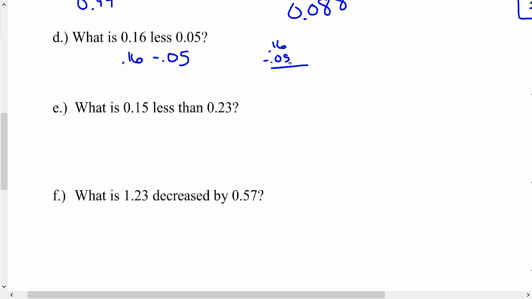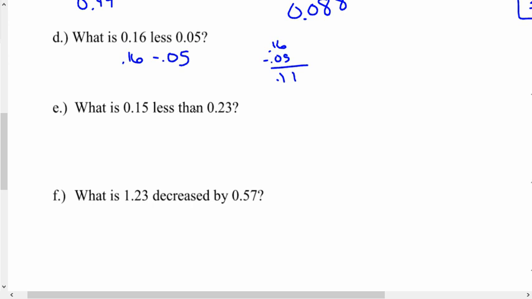You don't necessarily, well, this one doesn't need borrowing, but this is really just 16 minus 5, right? That's just 0.0, no, wait a minute. What am I doing? We don't have to borrow. This is just 6 minus 5 is 1. 1 minus 0. There we go. 0.11. That's it.